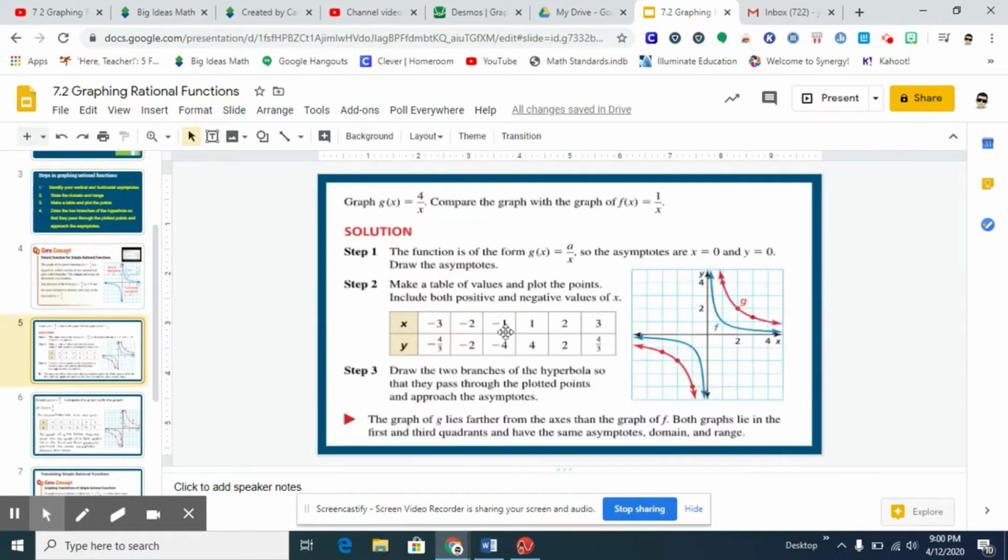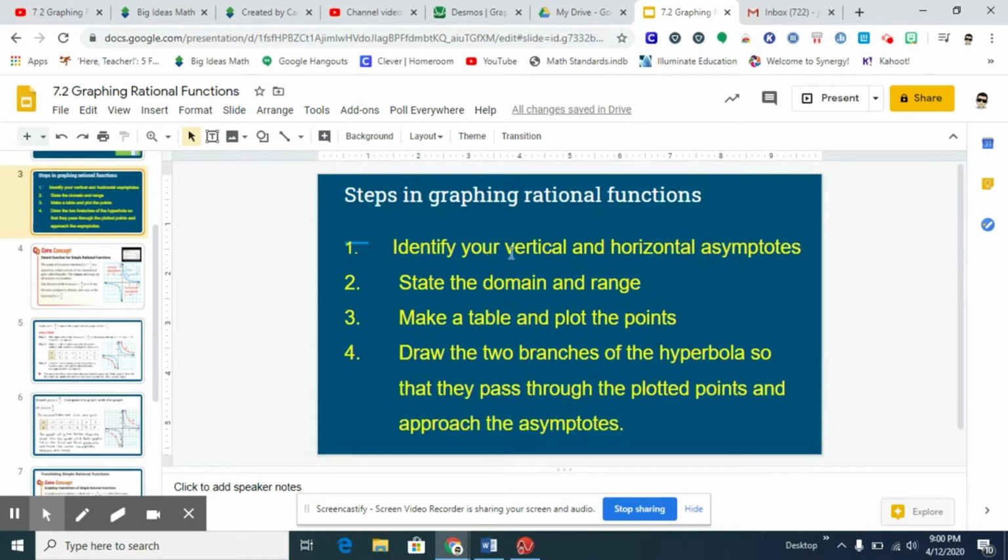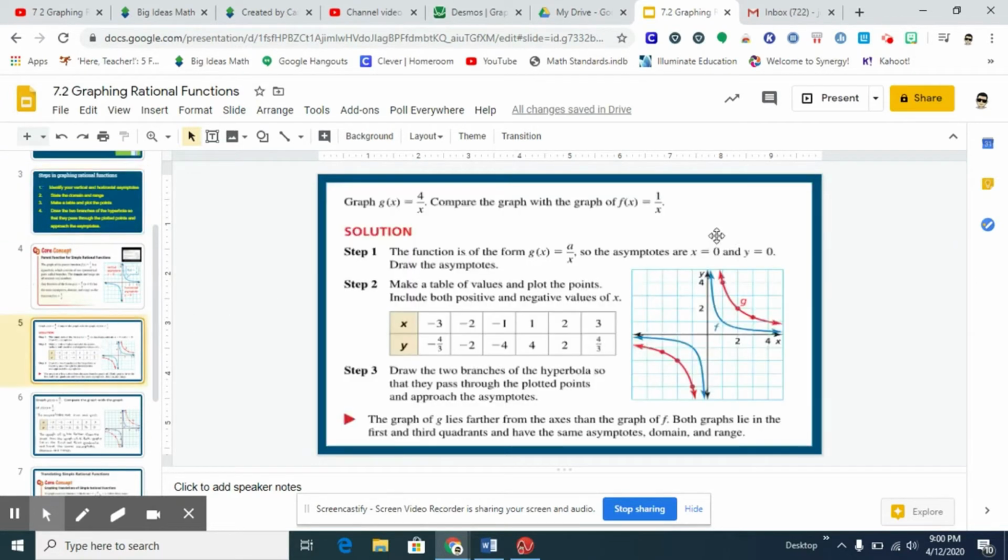Now going back to the problem. Step one would be to identify our vertical and horizontal asymptotes. If you look, the problem is in a over x form. And what do you know about a over x form?